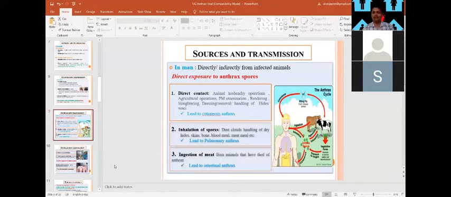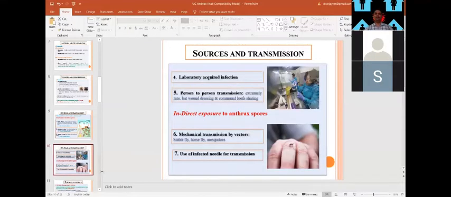Ingestion of meat derived from an infected carcass of anthrax animals may lead to the gastrointestinal form of anthrax. Infections may be acquired during laboratory handling, through accidental inoculation of these organisms.